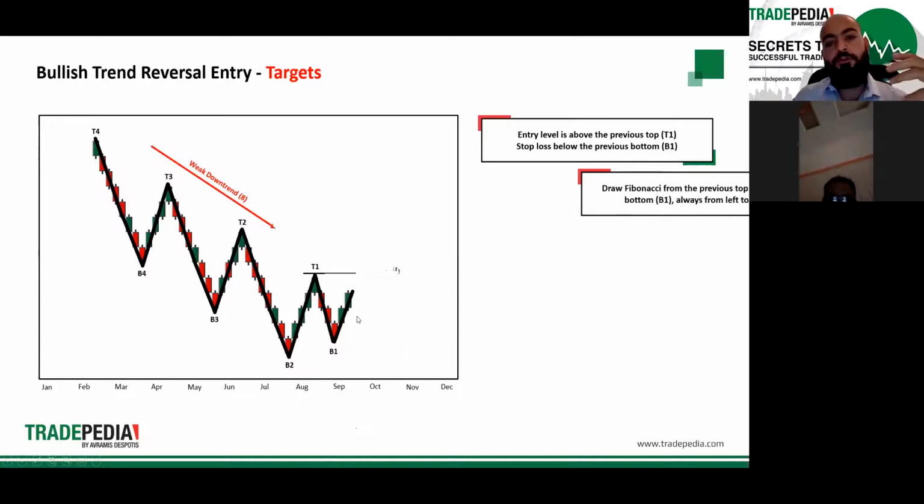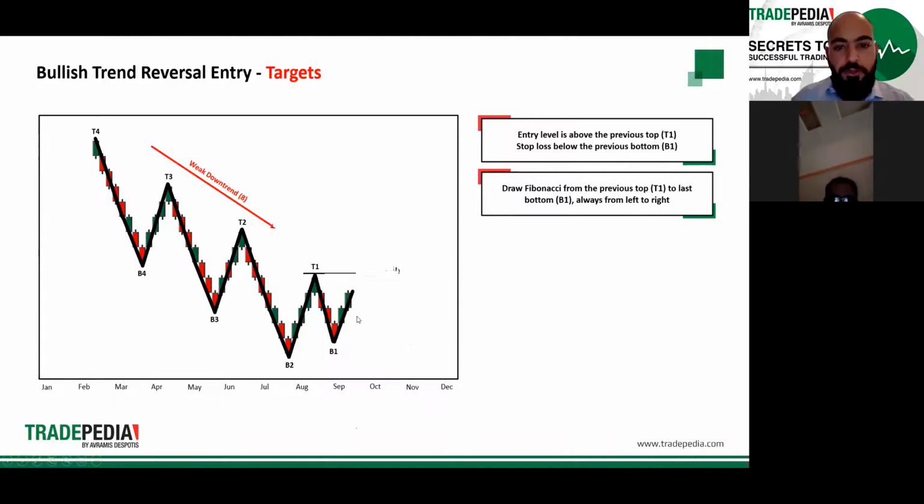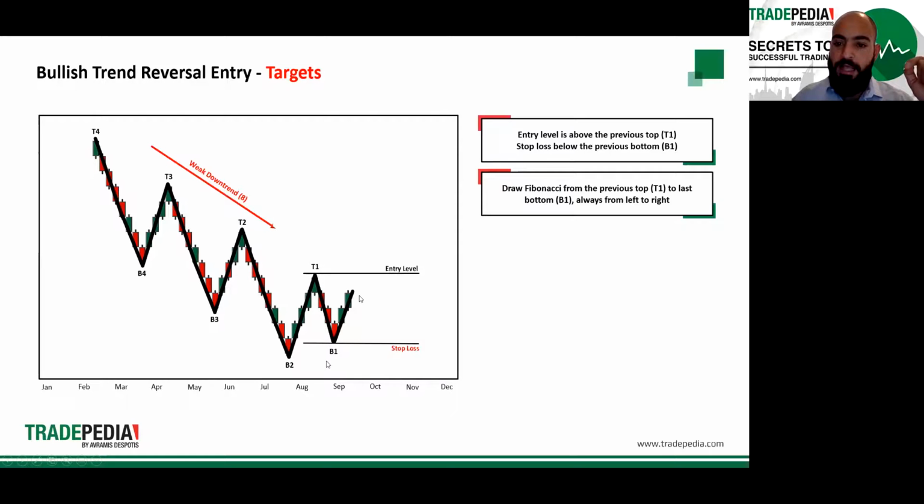And we are going to use the Fibonacci tool, and we are going to use the Fibonacci ratios to set the resistance levels in this uptrend. So we are going to set the resistance levels based on the Fibonacci ratios. We are going to draw Fibonacci from the previous top T1 to the last bottom B1, always from left to right.